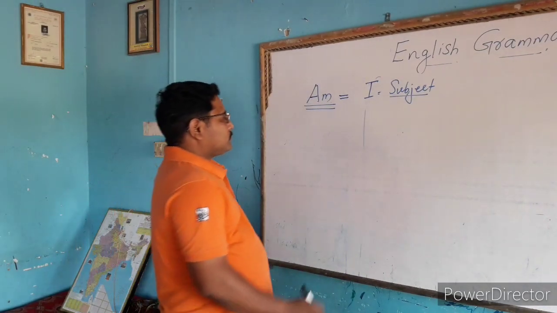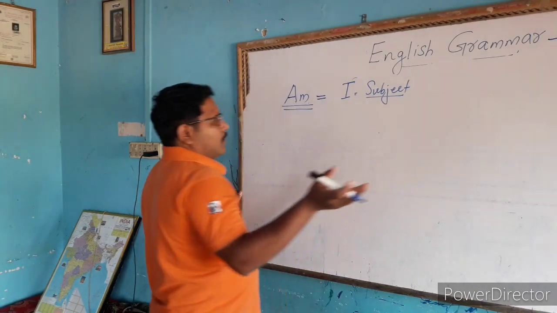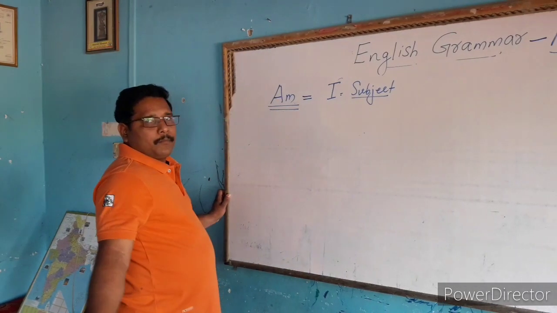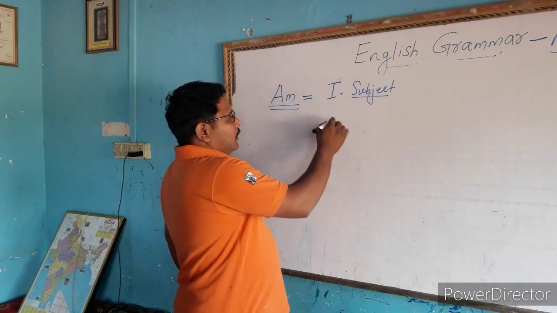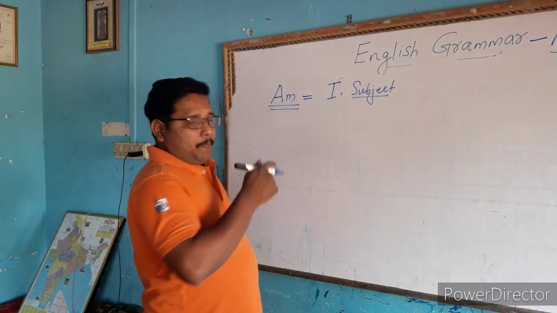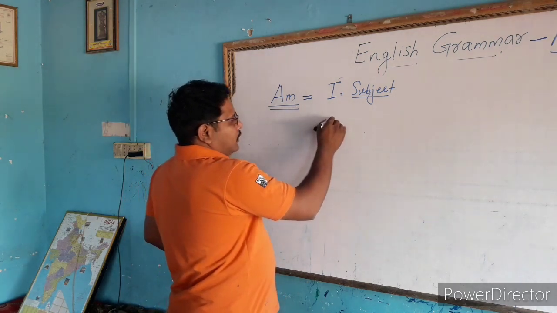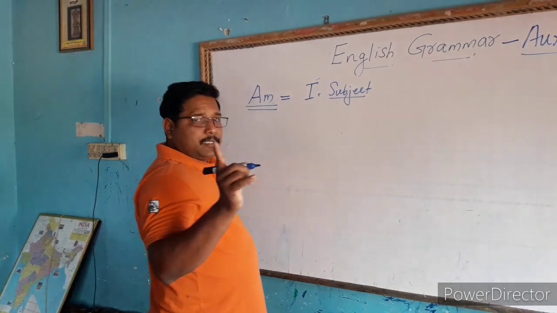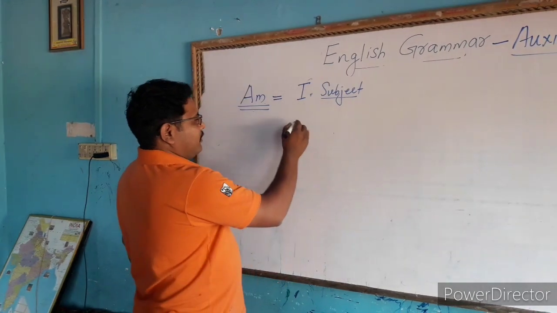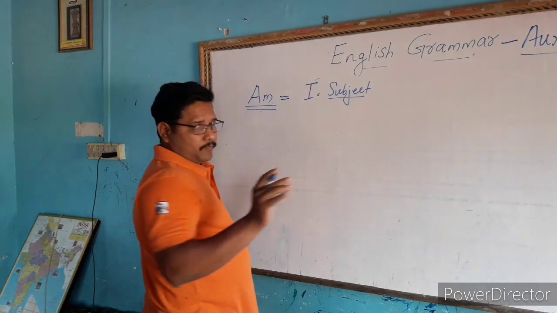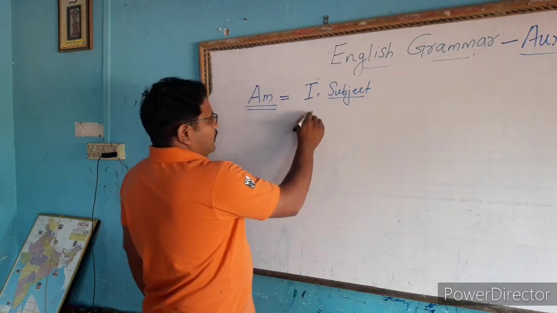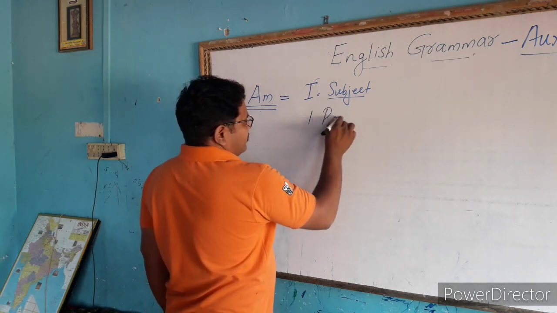See, am. We can write this sentence in 5 ways, mainly 4 ways. One, positive sentence.